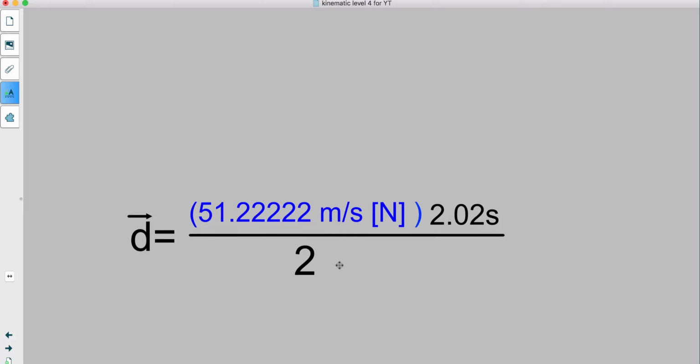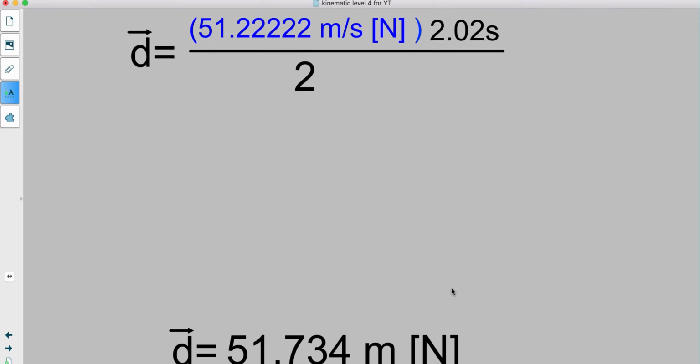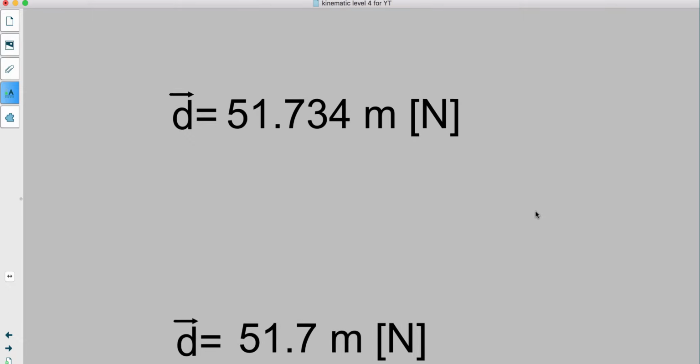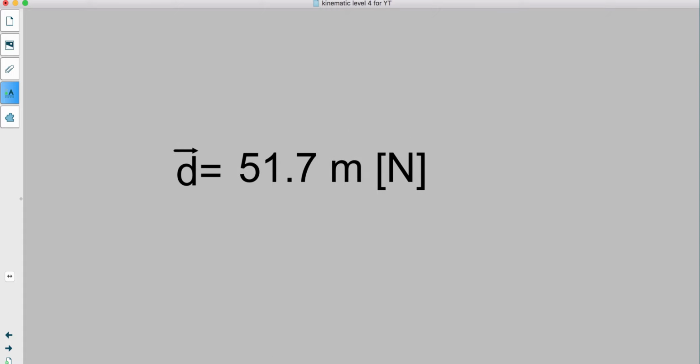In the numerator we get 51.22222 meters per second north times the time interval divided by 2, which gives us 51.734, and the unit will be meters because it was meters per second times seconds. Our question only had 3 sig digs, which means the final answer can only go to 3 sig digs. So our final answer for displacement will be 51.7 meters north.